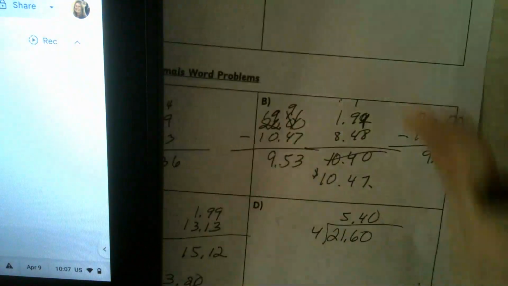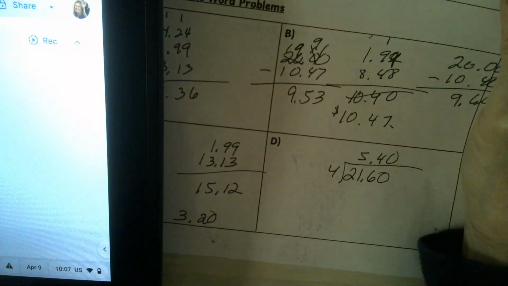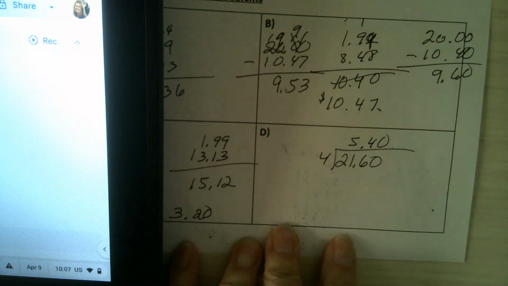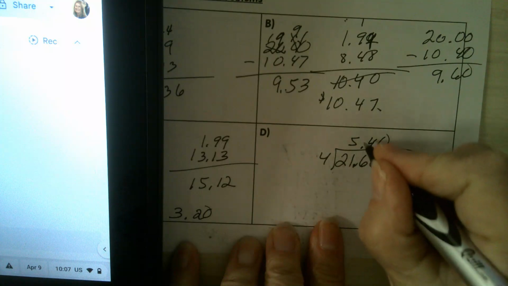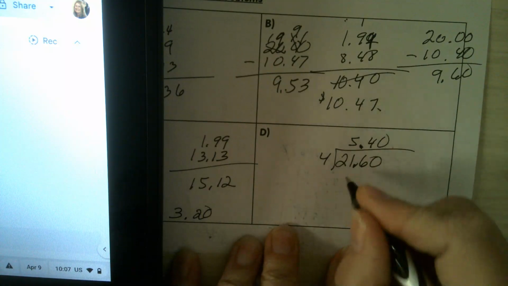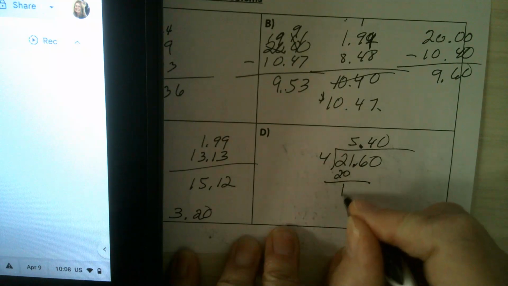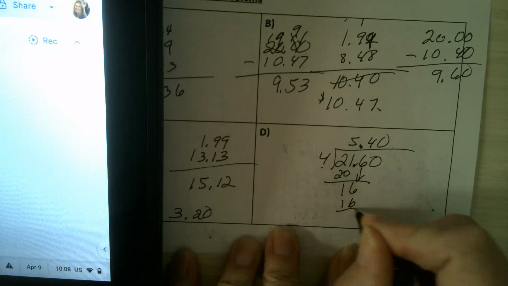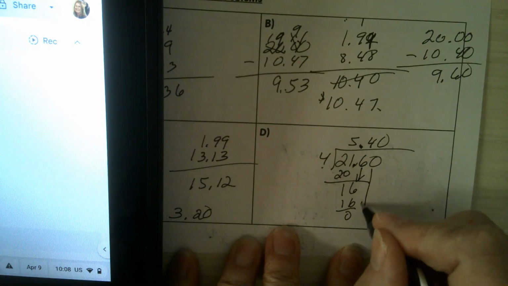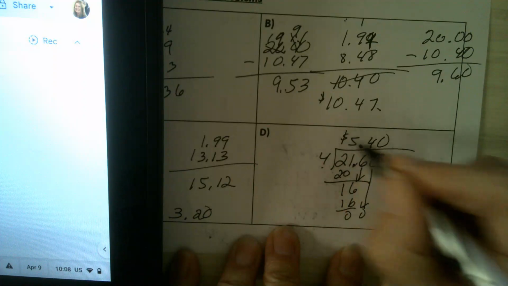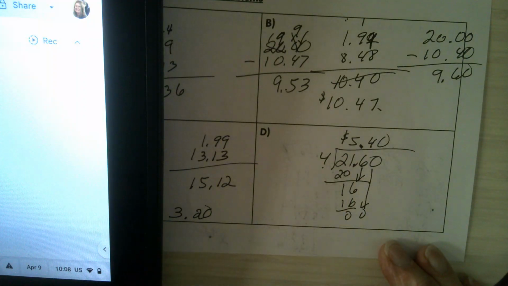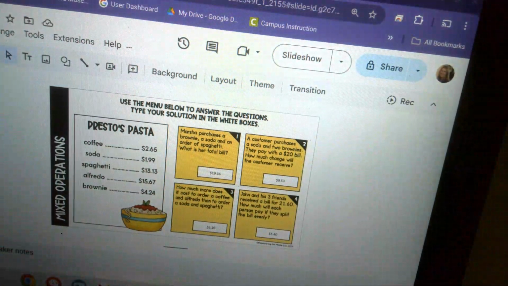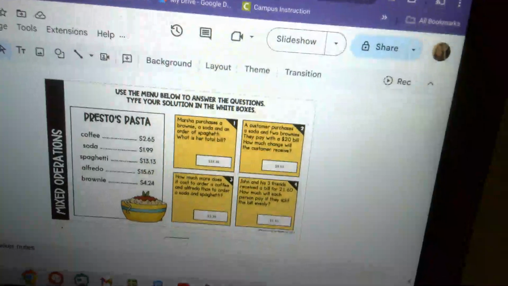If you have $21.60 divided by 4, put your decimal point straight up. 4 goes into 21 5 times. Subtract. Bring down. 4 goes into 16 4 times. Bring down. So it's $5.40 a person because you have to include Juan and his 3 friends.